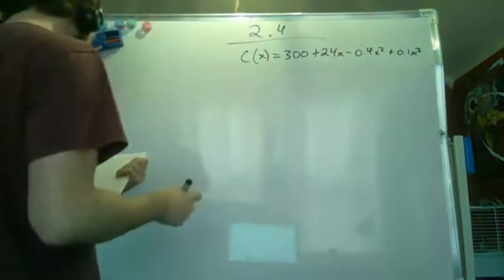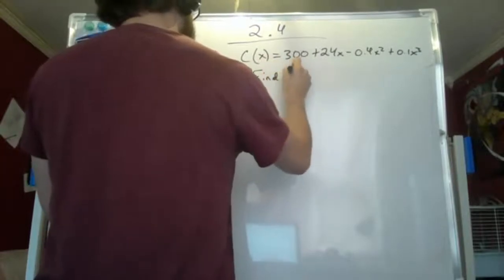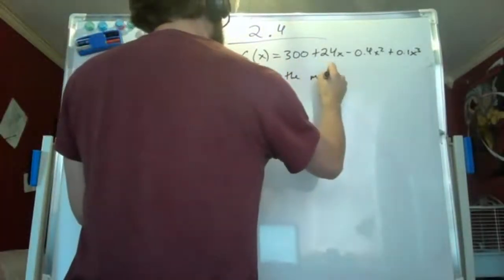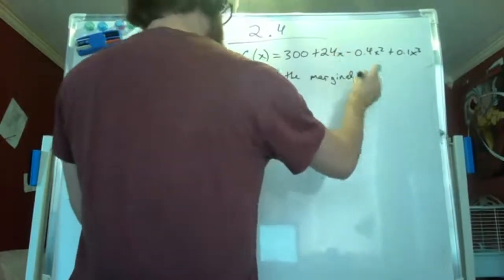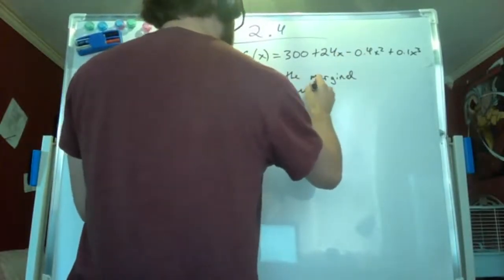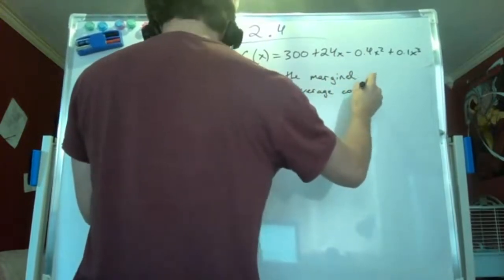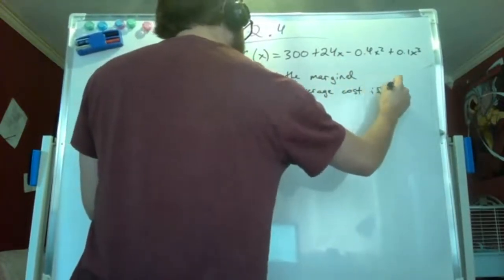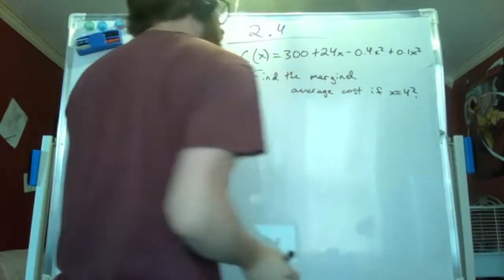Okay, and we're told find the marginal, so again be thinking about derivatives, marginal average cost if x equals 4. So that's if we only sell 4 clock radios.